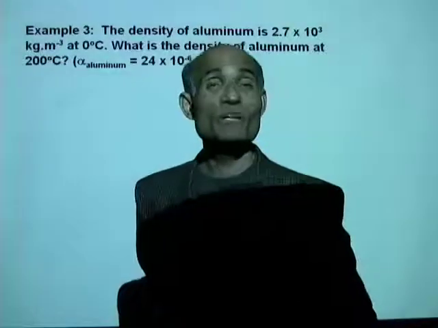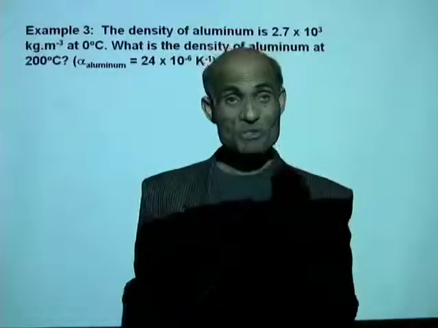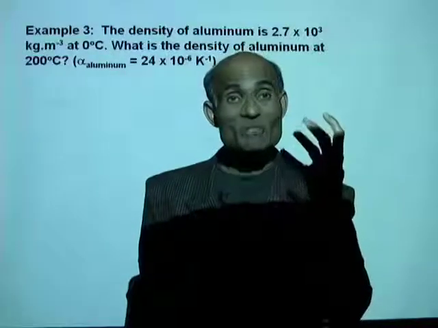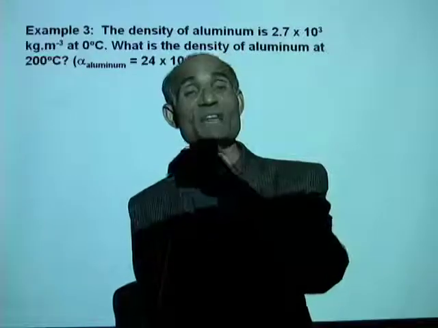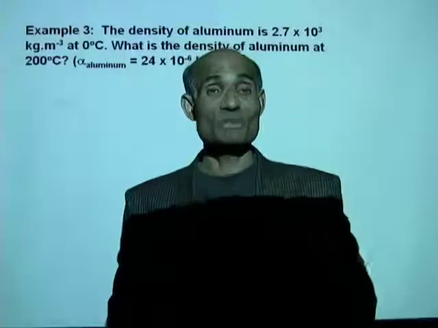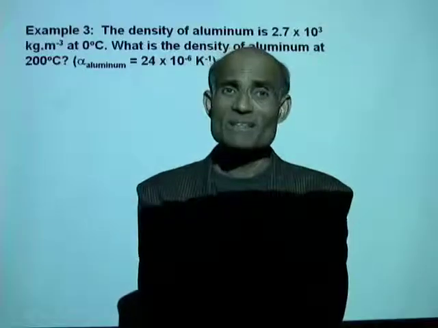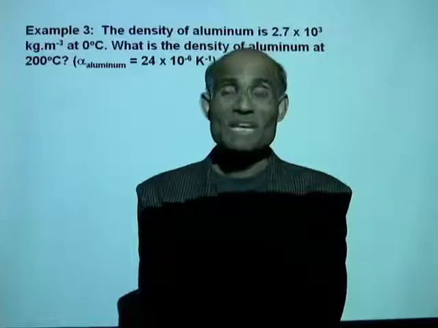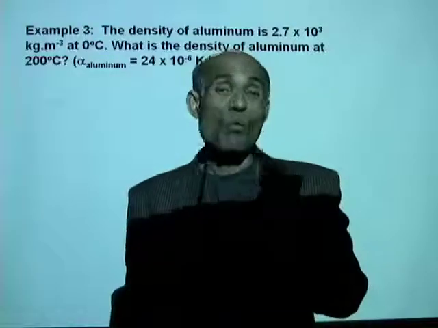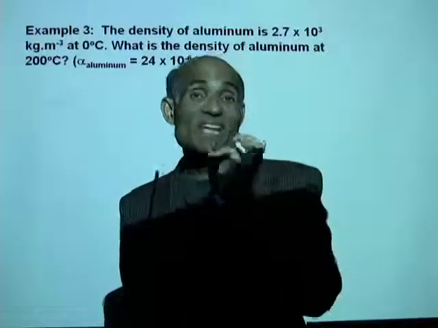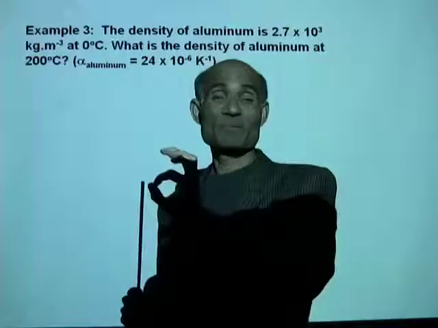Again, all you need to solve this problem is the relation between density at T degrees Celsius and density at 0 degrees Celsius. What is that equation? D T equal to D0 times 1 minus gamma delta T.